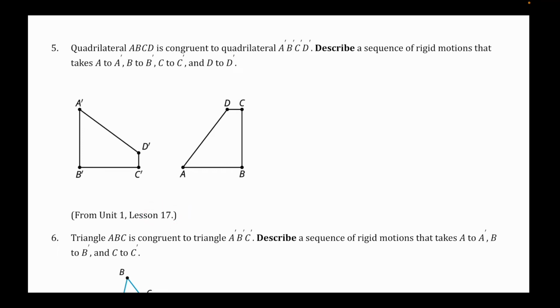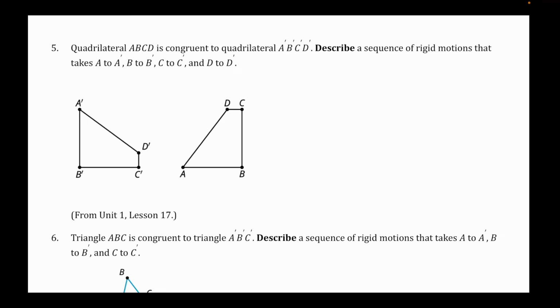So I would say that the first thing we're going to do is translate so that some of these points land on top of each other. Specifically, we're just going to choose a point. We can use A, B, C, or D. It doesn't matter. I like to just start with A. It's the beginning, I guess.